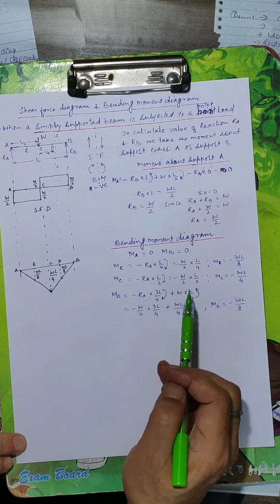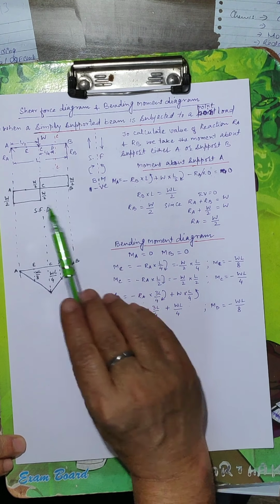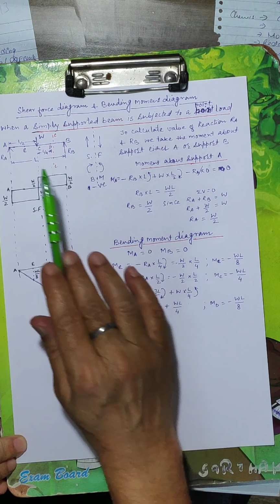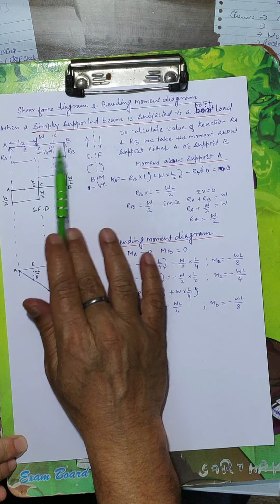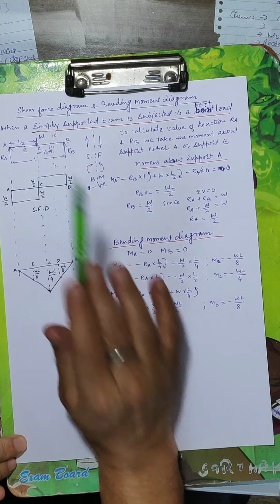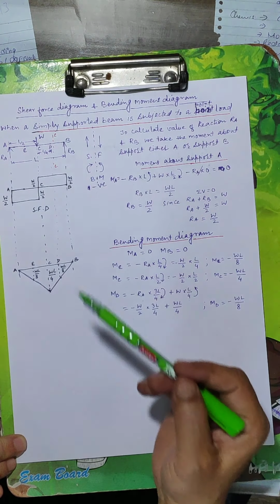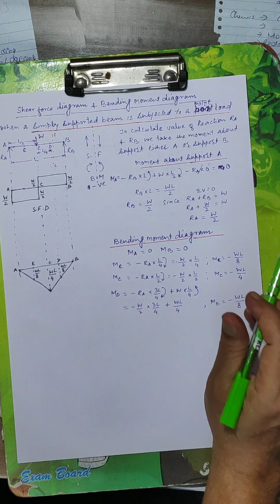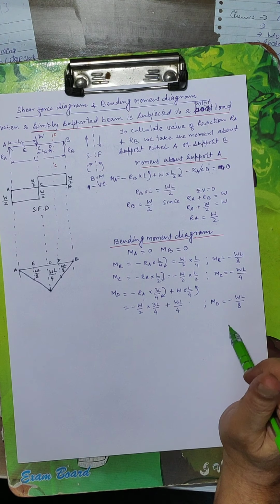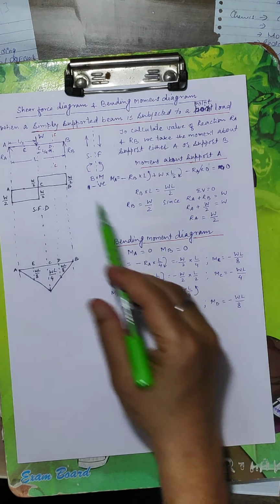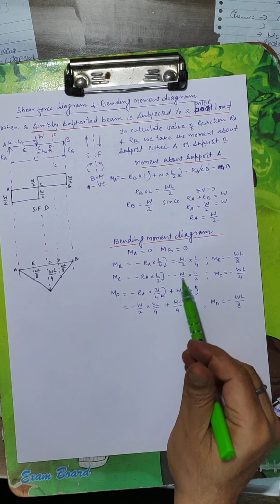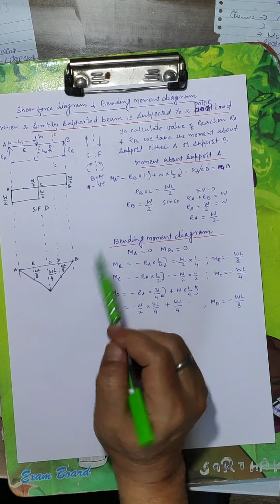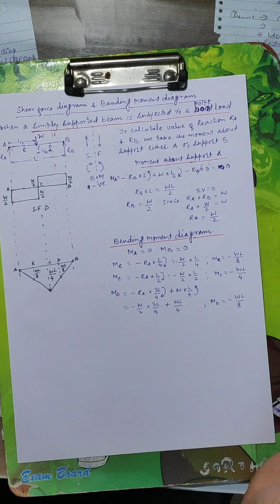This is the bending moment diagram of a simply supported beam subjected to a point load at the mid of its length L. Shear force diagram, bending moment diagram. This is a very simple problem. So I hope you have understood all these calculations, all these values, and all these diagrams. That's all. Thank you.